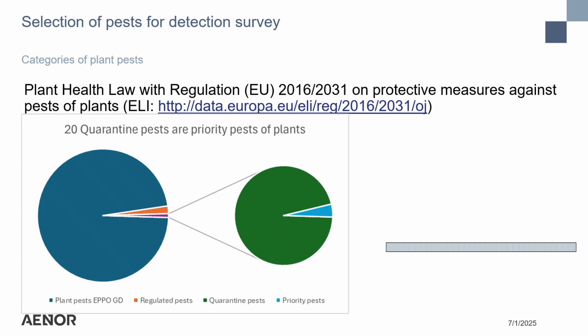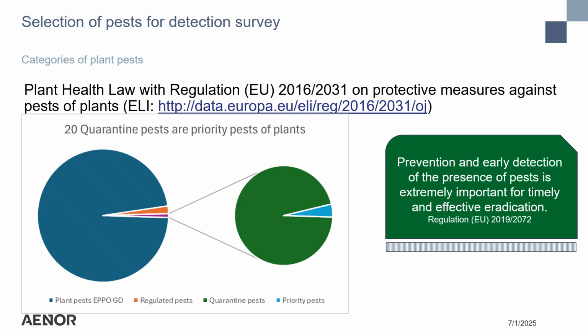In the global database of EPPO there are more than 55,000 plant pests. Out of all known pests around the world, 1,000 are regulated in the European Union as quarantine pests, and those need to be actively under surveillance.